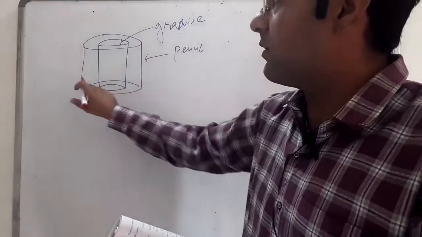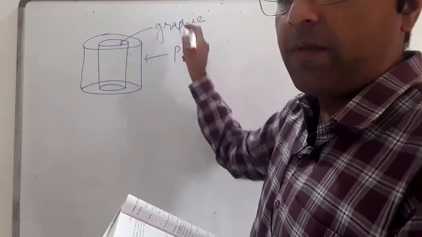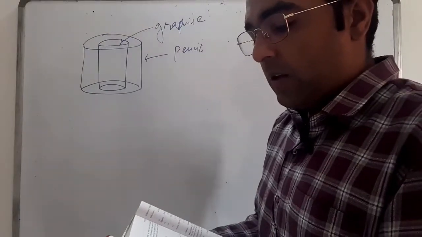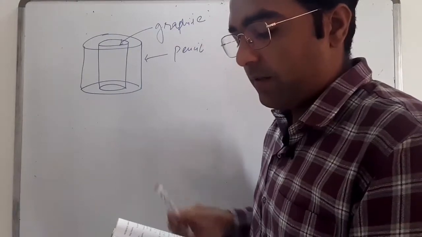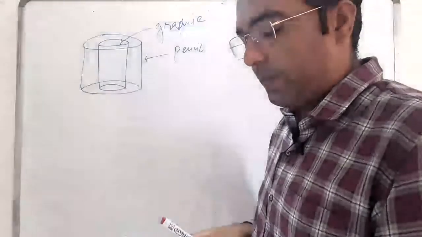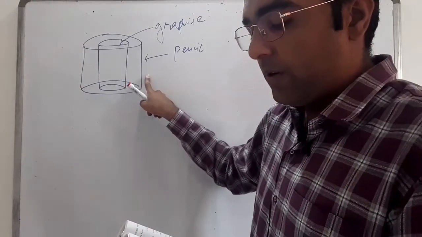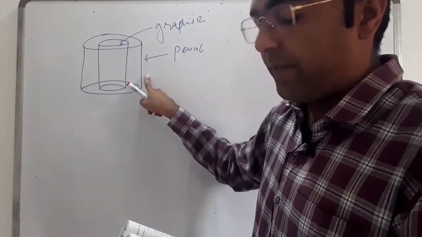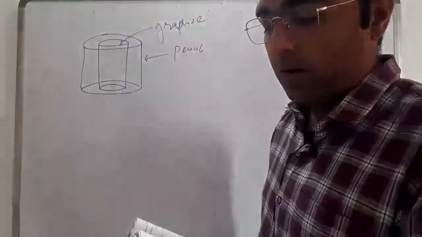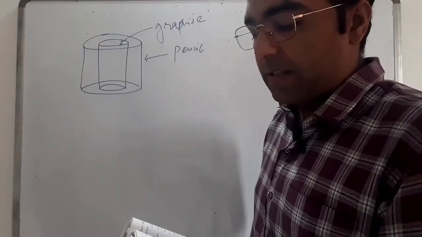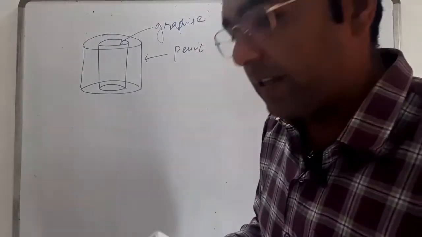This outermost cylinder is the pencil, and the innermost cylinder is the graphite, which we have to use. Here is the question, I'll repeat again. A lead pencil consists of a cylinder of wood with a solid cylinder of graphite filled into it. The diameter of the pencil is 7 mm.